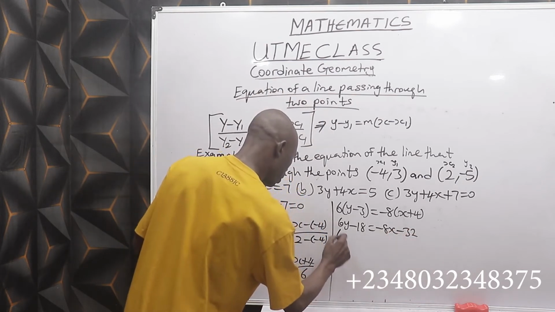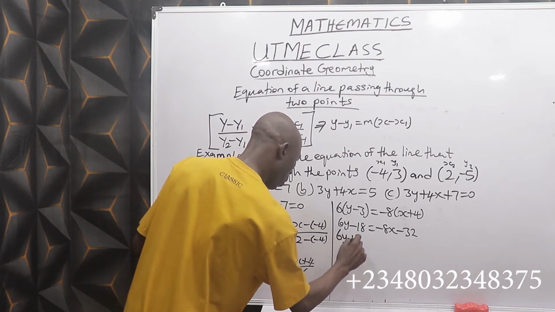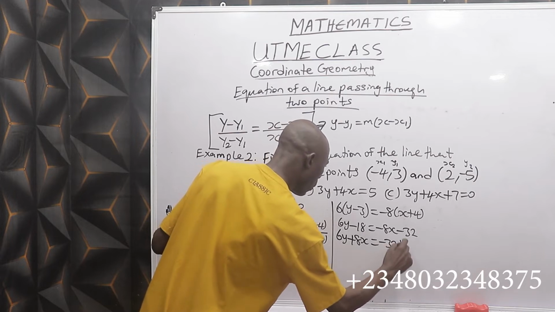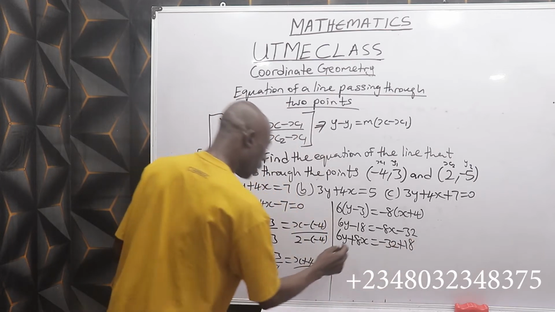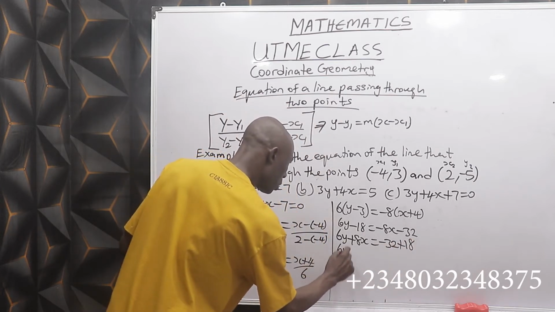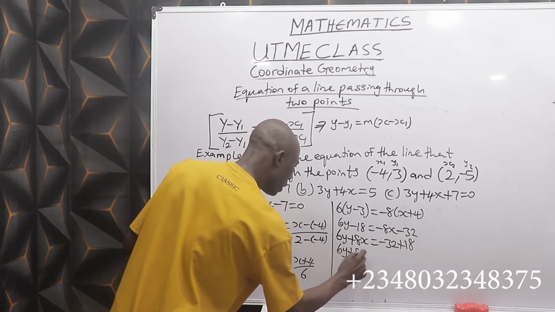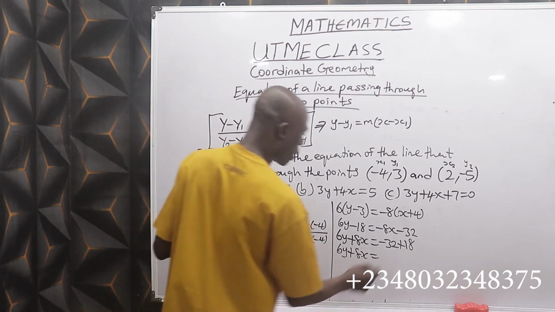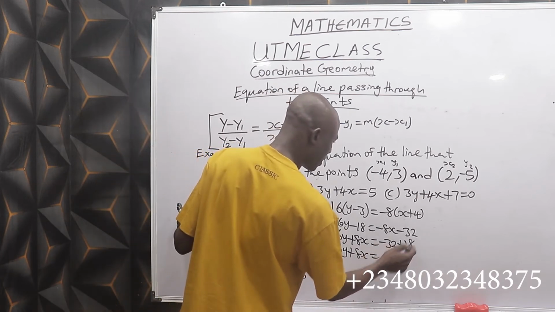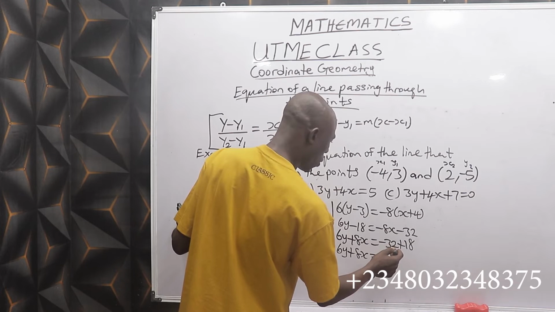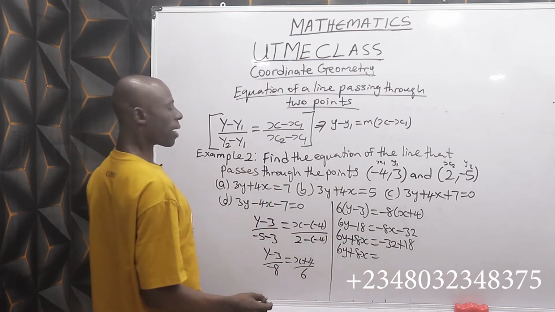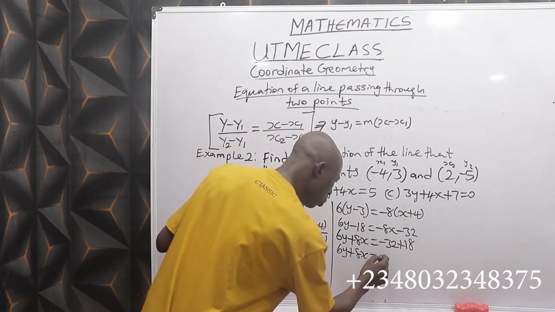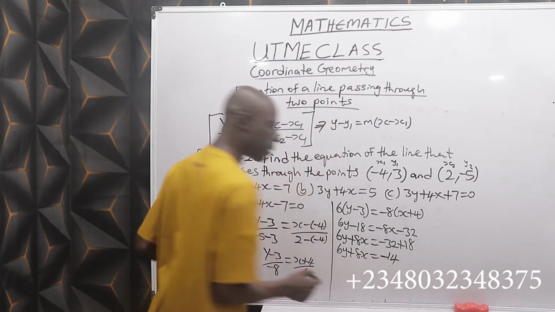Collecting the like terms, 6y plus 8x equals negative 32 plus 18. And that is 6y plus 8x equals, if we subtract 18 from 32, what will that give us? That will give us 14, but it's going to be negative 14 in this case.